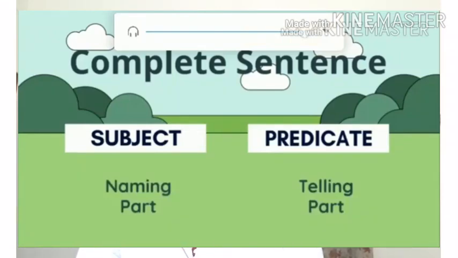Subject is a naming part and predicate is a telling part. Subject can be a noun or a pronoun and the predicate is a group of words that contains a verb. It tells us about the subject. It gives us more information about the subject.